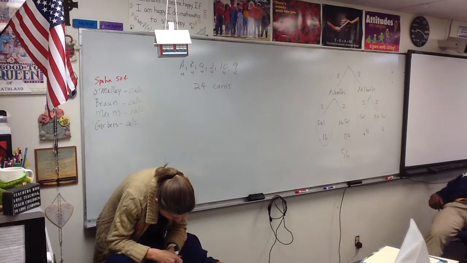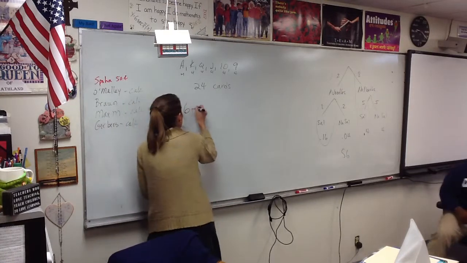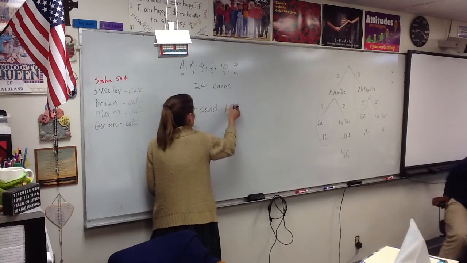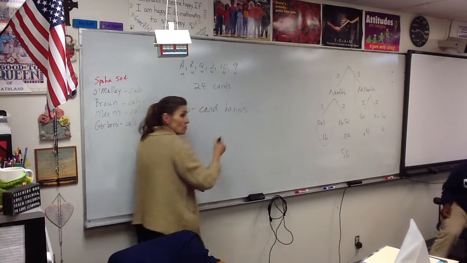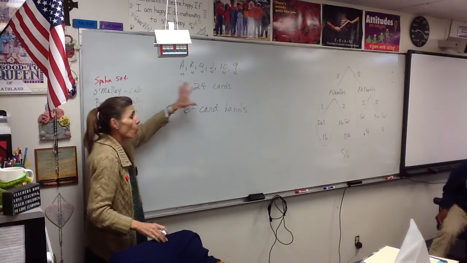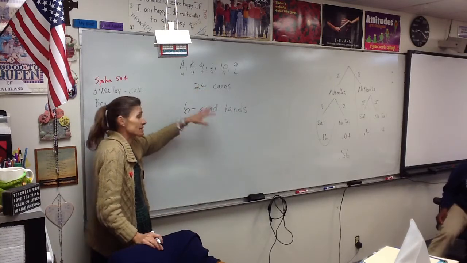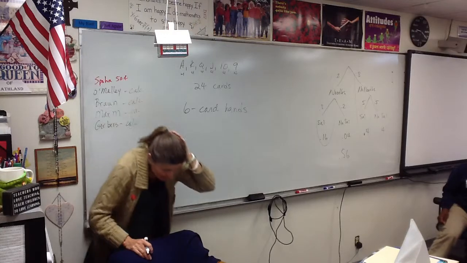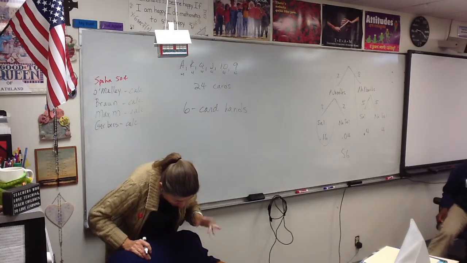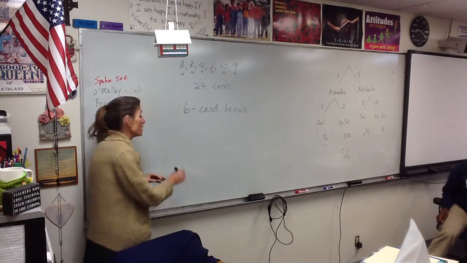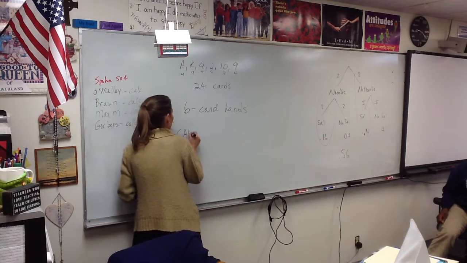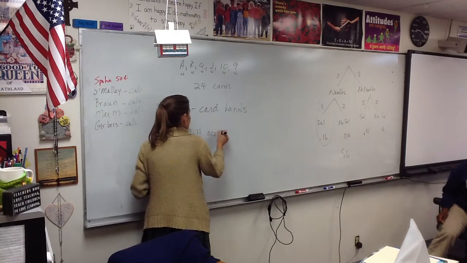It says these are 6-card hands. So this is just a weird situation. You've got 24 cards, and you have 6-card hands. Now, we want the probability of all 4 aces.